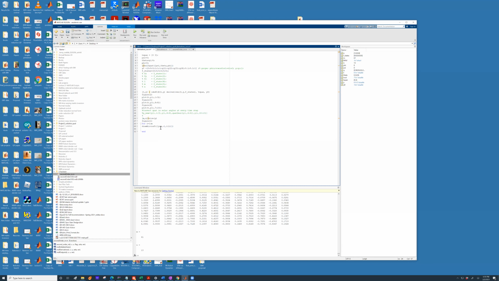And then you can send this to draw aircraft and it will draw the aircraft. So this is one way of doing it.